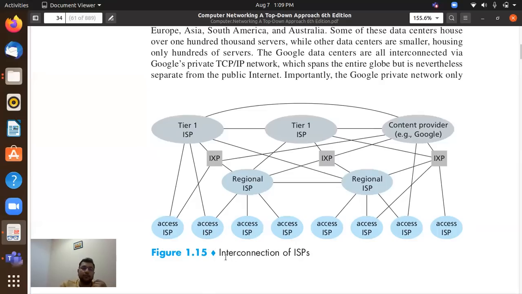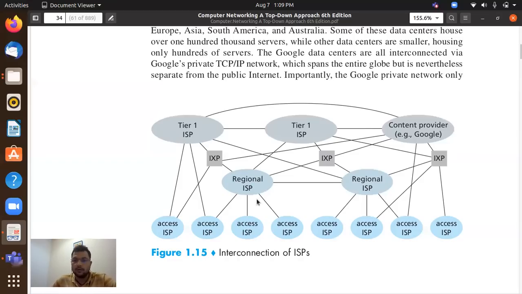If one access service provider does not give you 100% reliability, then you can go for several access service providers, which may also multi-home with several regional ISPs, and those regional ISPs can also multi-home with tier 1 ISPs. So multi-homing is a concept to tolerate faults. For fault tolerance, to ensure a reliable connection, you go for multi-homing.